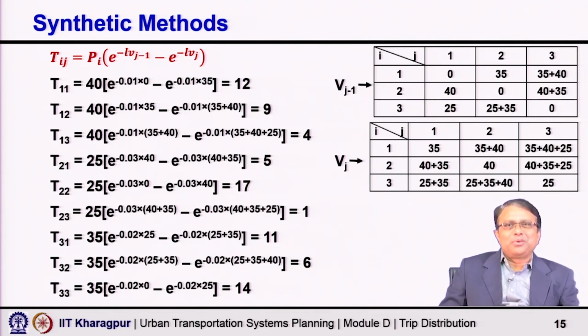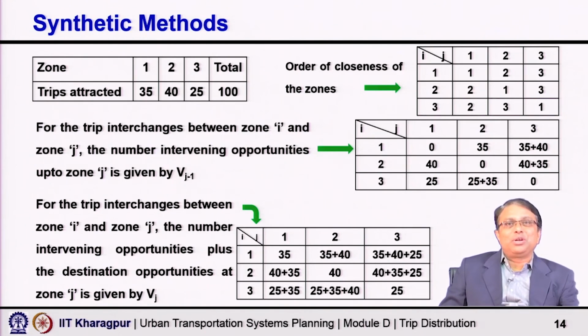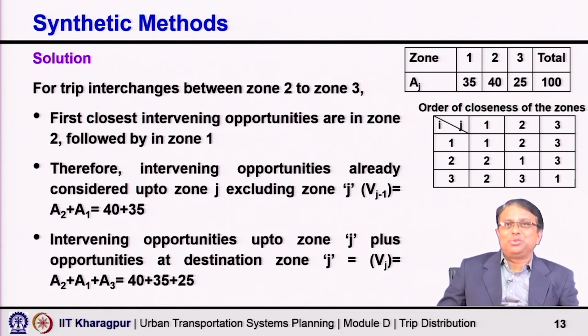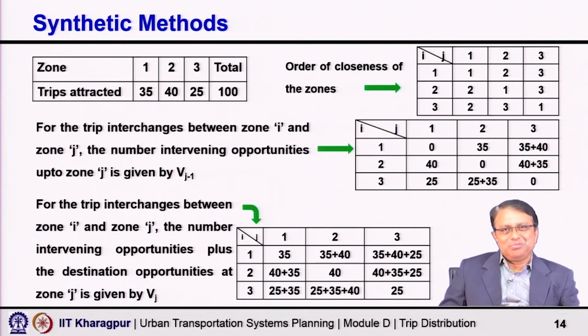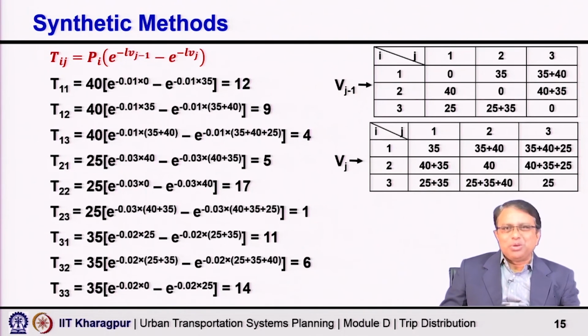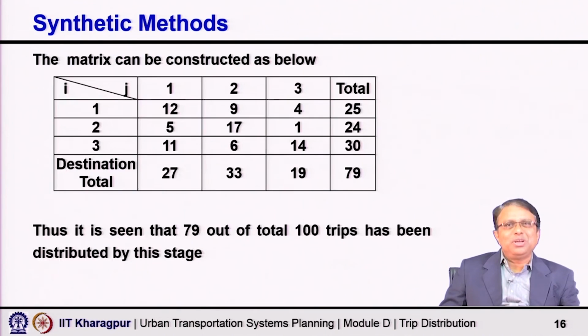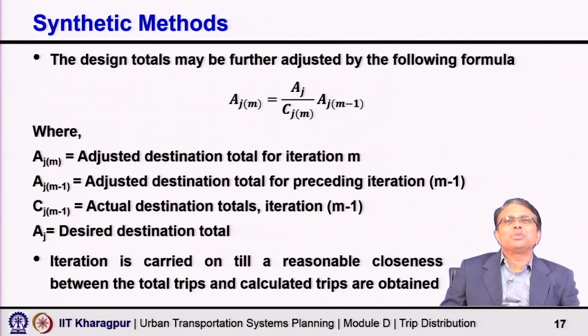The procedure will not change, the order of closeness will not change, but the other things will change. I am showing you the AJ values. These AJ values you need to modify, and then do iterations, maybe 1, 2, 3 iterations, and then finally you will get something which will ensure that you have actually distributed all the trips.